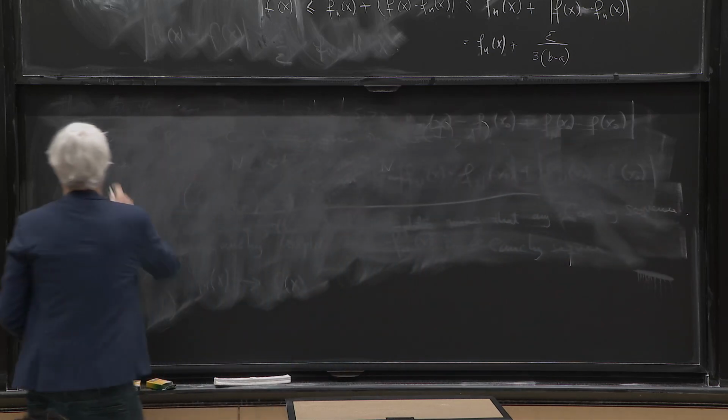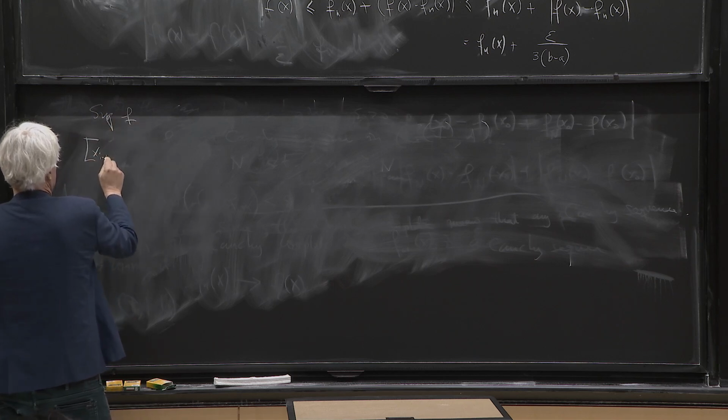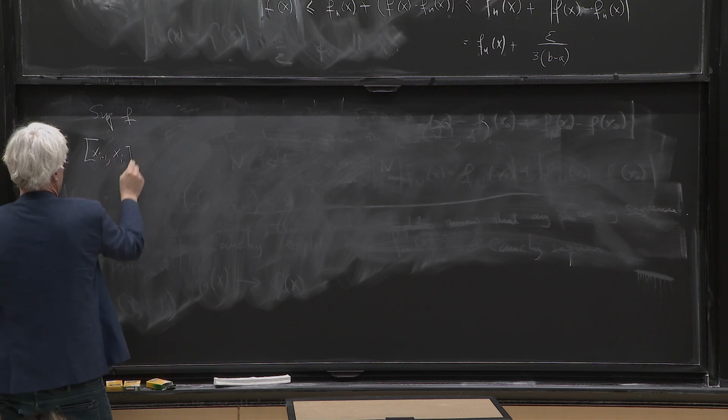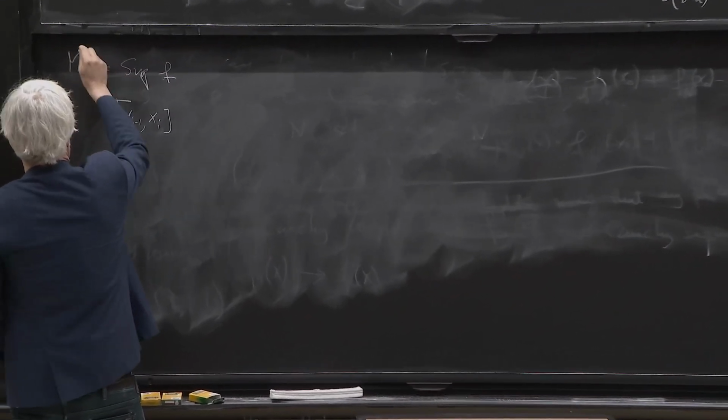So I have that again, the sup of f on this little interval. This is what we call Mi of f.